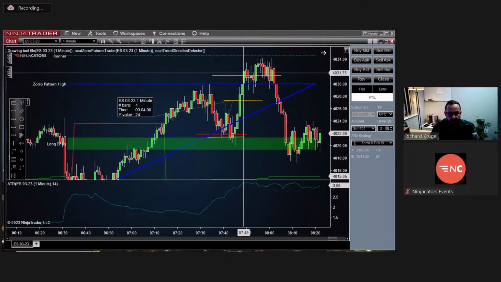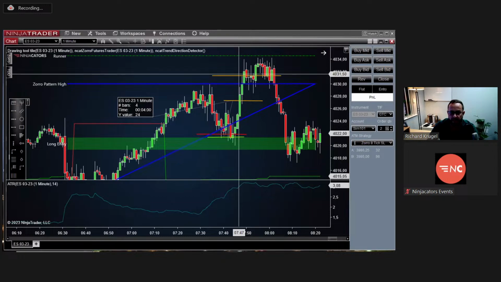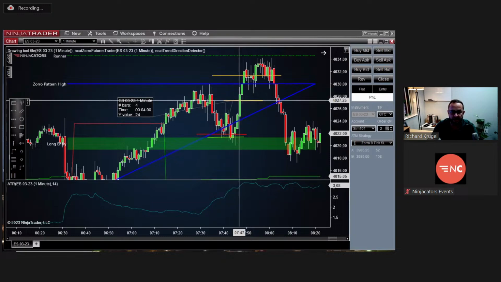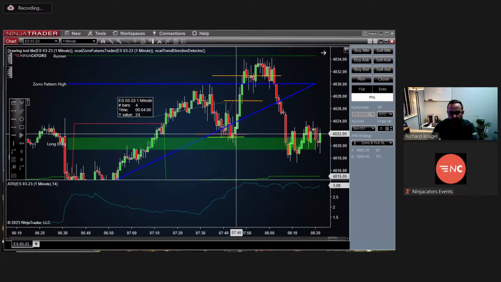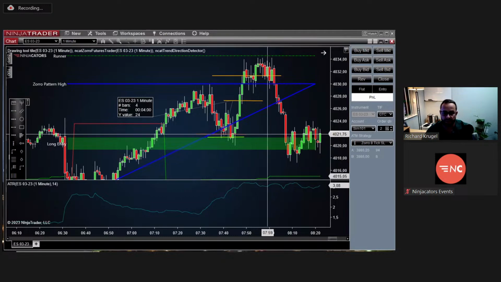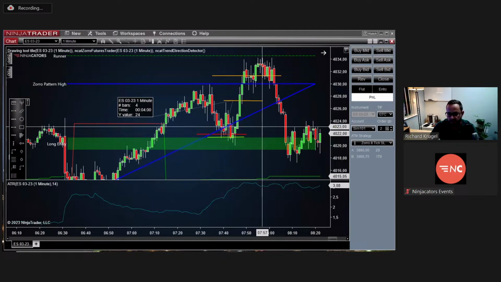Now, like I said, I then have a hard target on my second position at 40 ticks, which is just a 5-to-1. Once this gets hit, the ATM automatically takes your remaining position or a stop loss and brings it to break even plus 2 ticks in your favor, whether you're trading to the upside or to the downside.